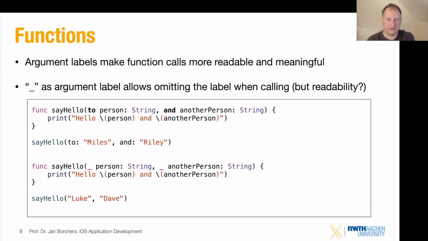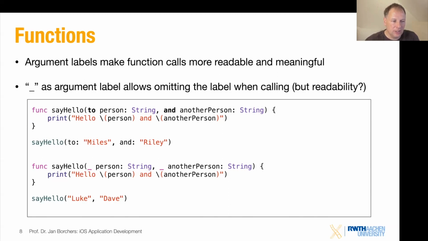The reason for that is that oftentimes the name that you use inside a function so that your code reads well inside that function is not the same word that you would use to make the calling of that function highly readable.